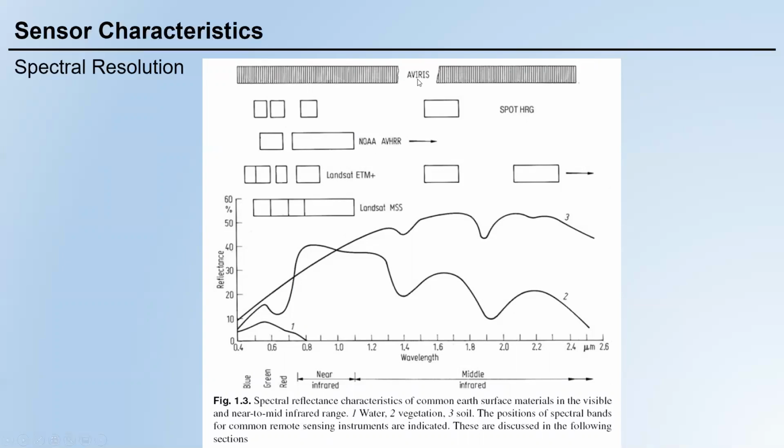How about AVIRIS? Dozens of bands from 400 nanometers to what? To 2500 nanometers here. Continuous, dozens of bands, and they are addressing a very continuous reflectance spectrum.